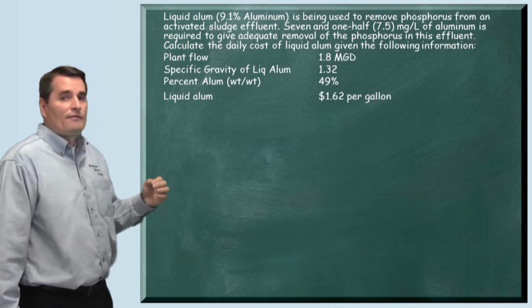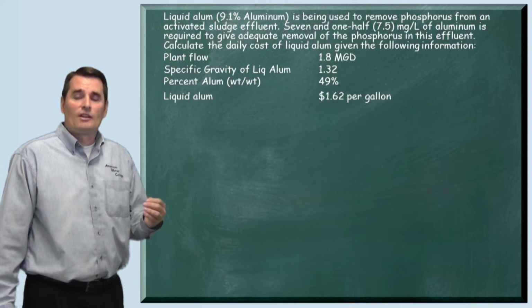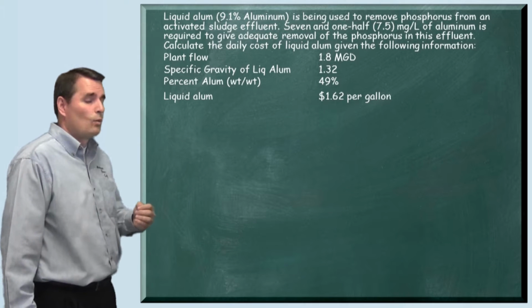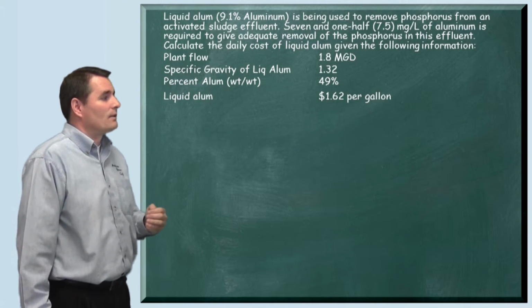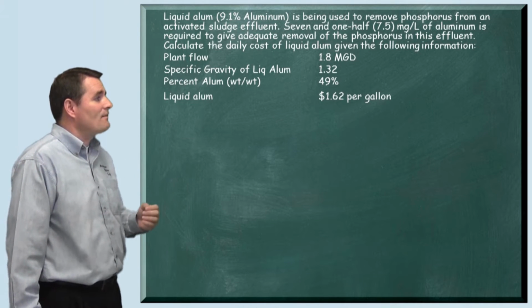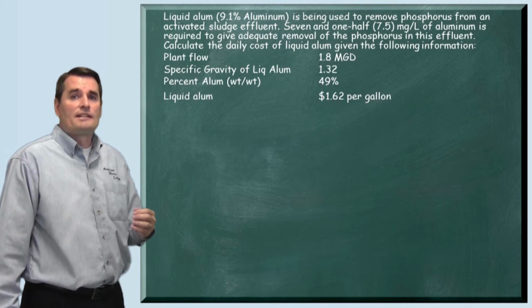They gave us the plant flow, which is 1.8 mgd, the specific gravity of the stock alum solution, which is 1.32, the concentration of the liquid alum solution, which is 49%, and the cost per gallon of liquid alum, which is $1.62.